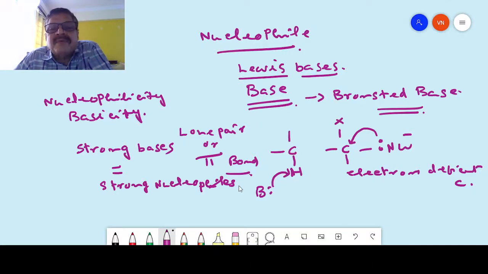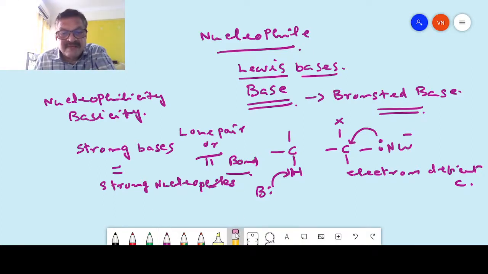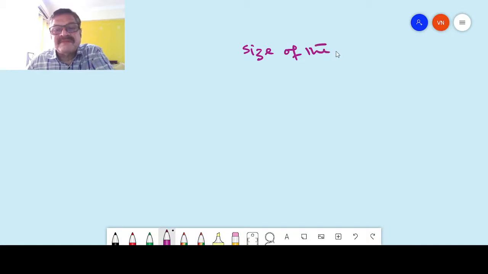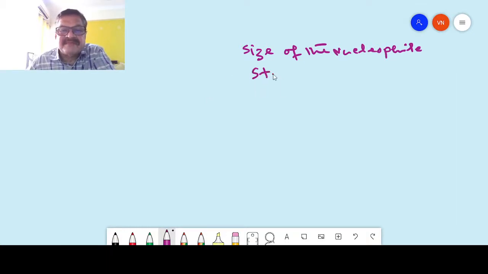It will depend upon the size of the nucleophile and certain steric factors. Depending upon circumstances, one is the size of the nucleophile, which will influence. I will discuss only 2-3 factors now, and the rest in the remaining class. So, the size of the nucleophile, then the steric factor.